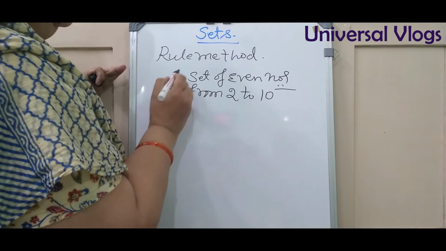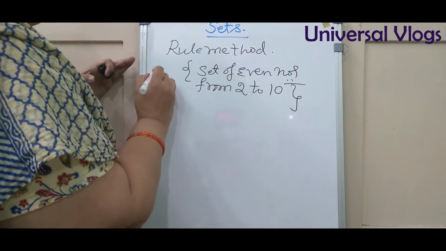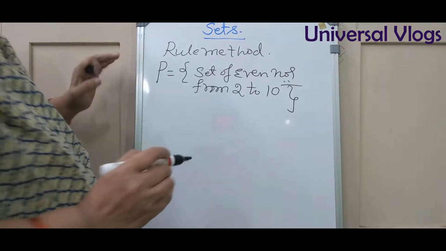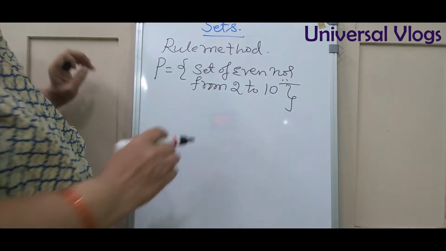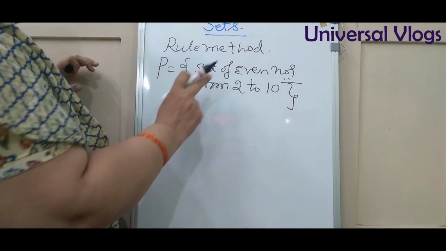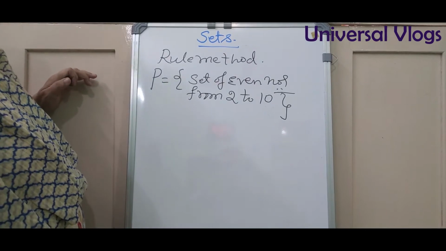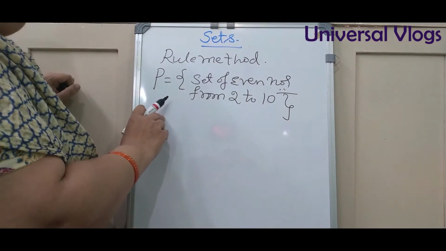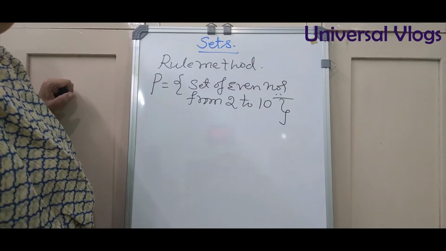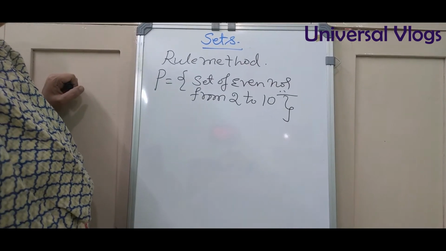We can enclose this within flower brackets and mention it by any name, say P. P is equal to the set of even numbers from 2 to 10. Here we give the description of the particular set, and if we read the description, we can recognize the elements of the set.